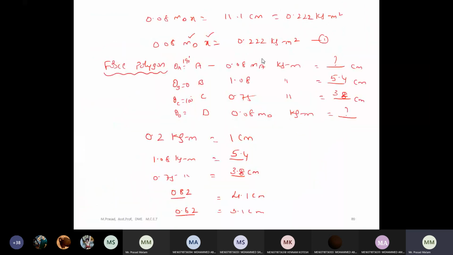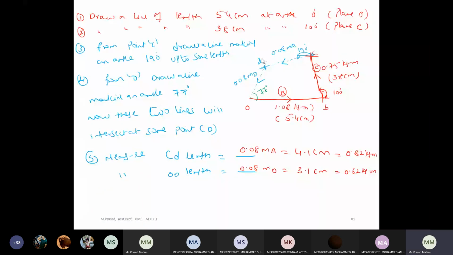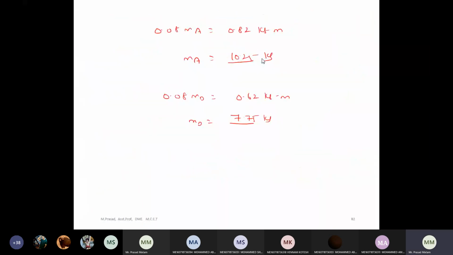Remember this equation I'm writing here. Now I know the MD value. How much? 7.75. X I don't know. 0.322. From this get the X value.